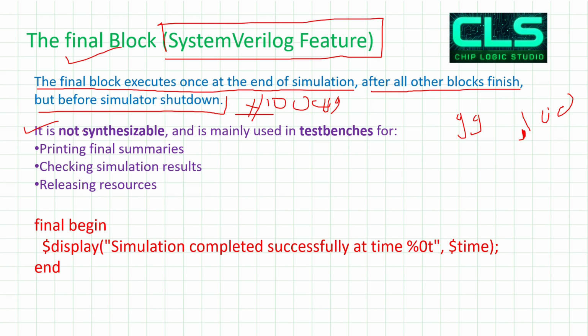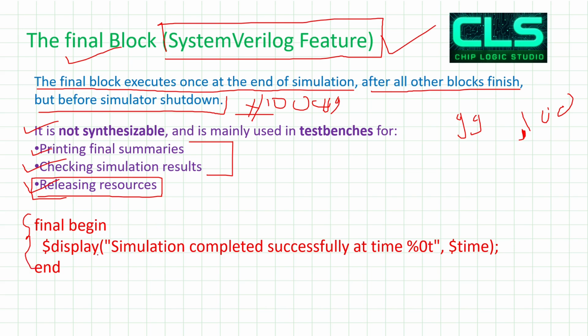We use it for printing a final summary, like in a scoreboard where you print a result, pass and fail value, and for checking simulation results. Releasing resources is not important for now because we will see this in SystemVerilog, so you can ignore that one.